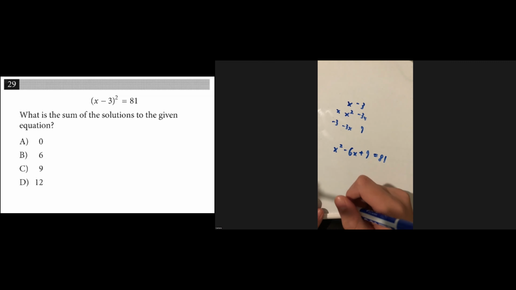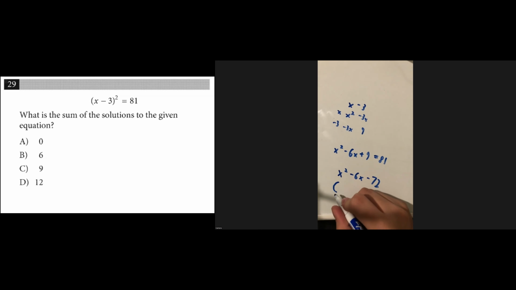If we subtract 81 from both sides, we get x squared minus 6x minus 72. Once we factor this into standard form, we have (x minus 12) and (x plus 6), because negative 12 times 6 is negative 72, and negative 12 plus 6 is negative 6.